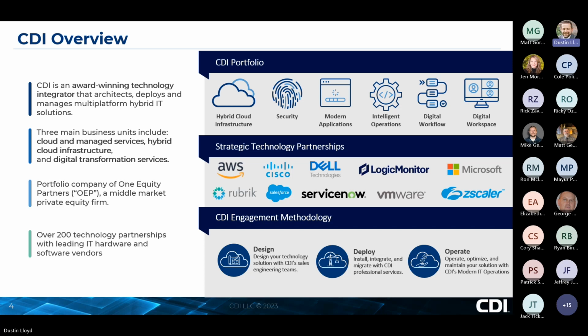As you can see, we hold strategic technology partnerships with some of the biggest vendors in the industry, including Microsoft. We'll get into our engagement methodology with customers a little bit later on and how this plays into Microsoft 365. But basically, we help our customers design, deploy, and operate their infrastructure, platforms, software as a service, security, basically anything that falls under the portfolio.